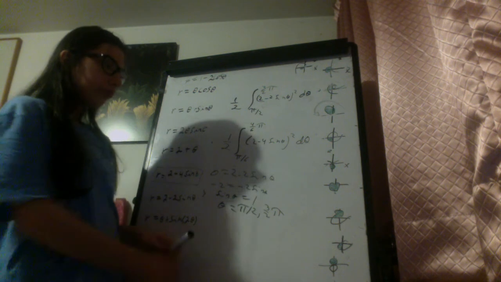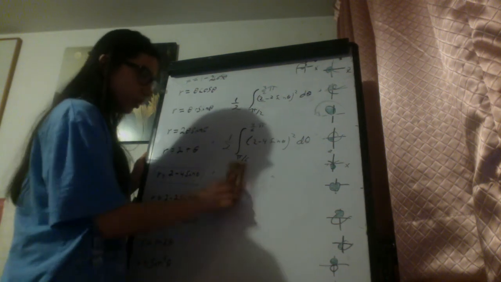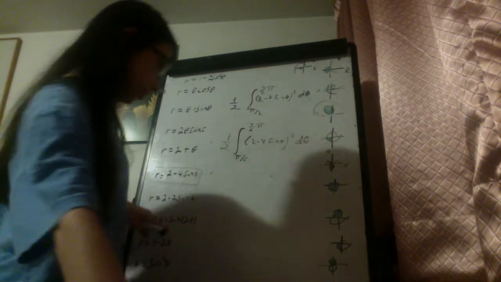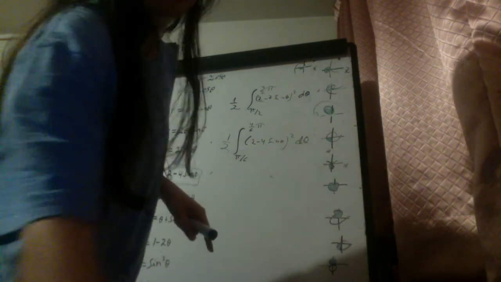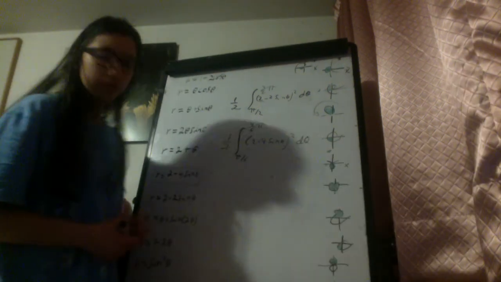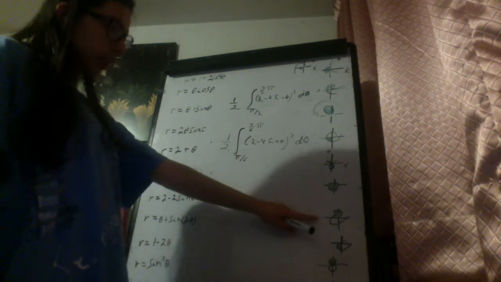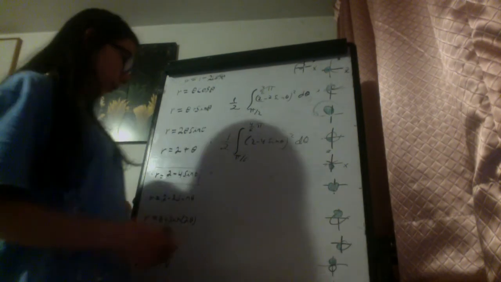Alright, let's continue. This graph now corresponds to r equals theta plus sine of 2 theta. So we want the area that is bounded by the curve in the first and second quadrant.